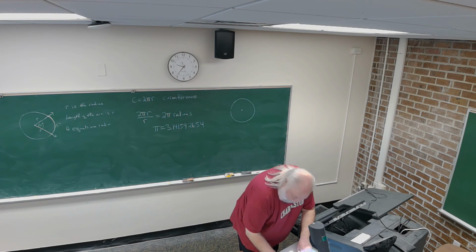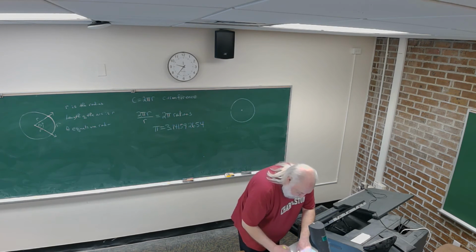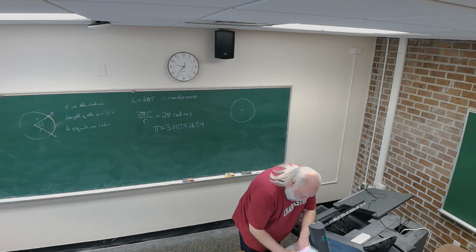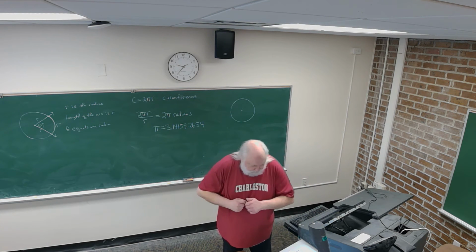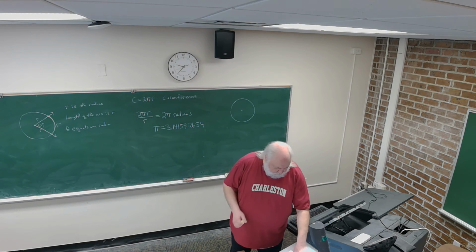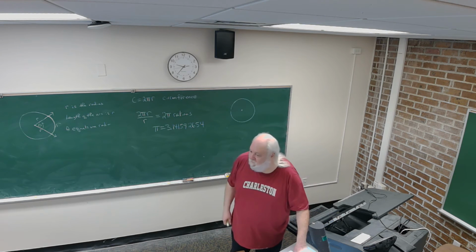It says it right here: the number of radians in 1 complete rotation of the initial side theta equals 2 pi radians. I have it written right here, circumference. Notice that.